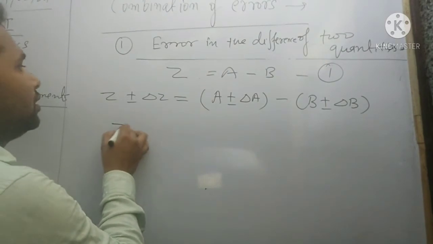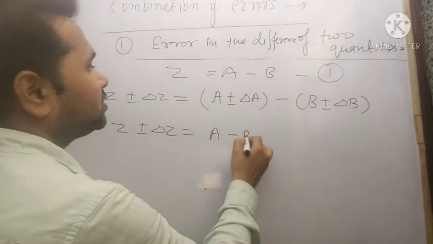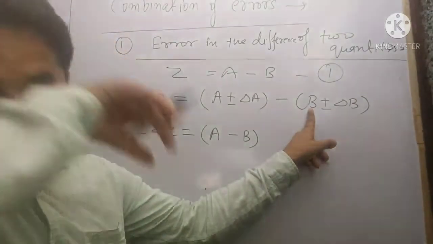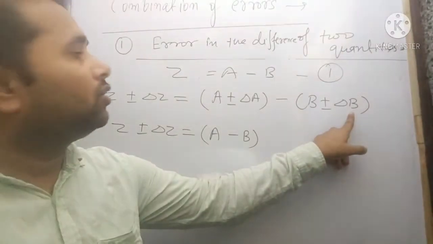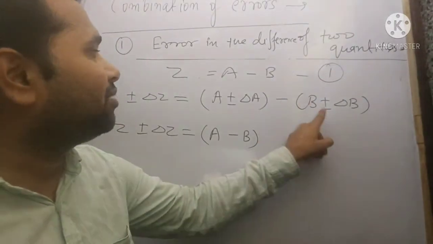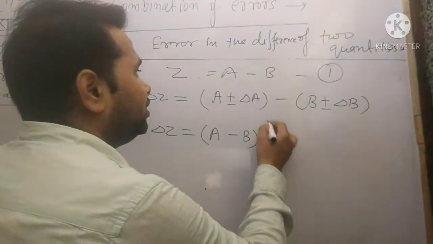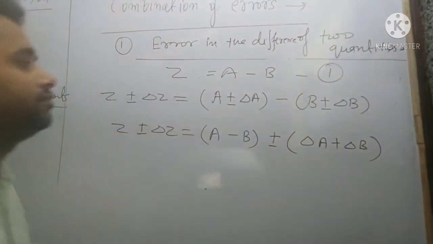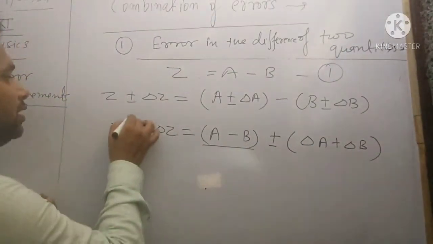Now see, z plus minus delta z equals, again separating the terms, a minus b. When the minus goes into this bracket, b becomes minus b, and when the minus goes with plus minus delta b, it shows no change, because minus times plus gives minus, and minus times minus gives plus, so again both plus and minus remain. So finally plus minus delta a plus delta b. Now again from equation number 1, a minus b equals z, so we can cancel both.